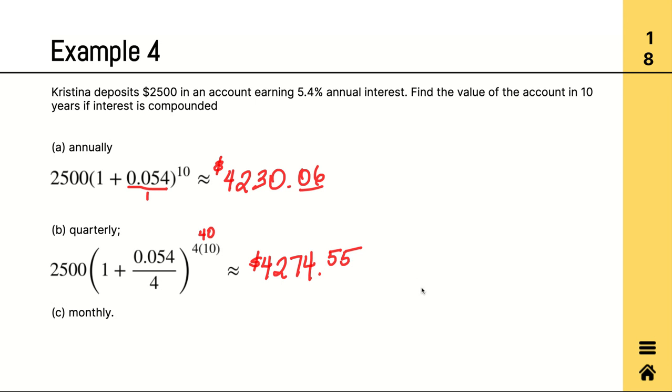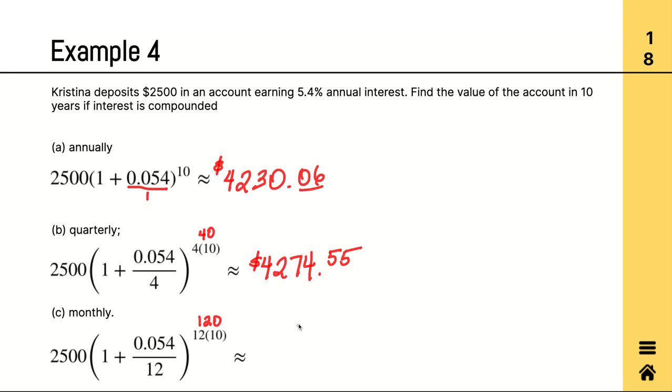So if we compounded monthly, that formula is now still the base 2,500 times 1 plus 0.054 over 12. 12 compounds. Okay, so what does that do for us? Well, that means for one thing, we're going to have 120 interest compounds during the life of that loan, or not loan, but investment.